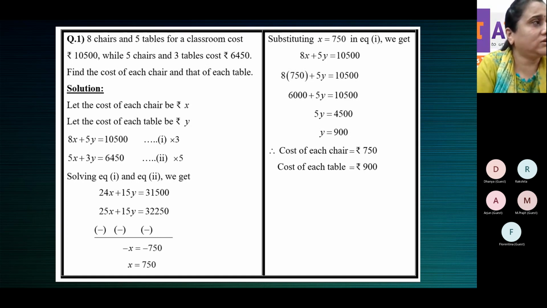What's the LCM of 5 and 3? 15. So you want to make 5y, 15y. You want to make 3y also 15y. So you should multiply by a suitable number, correct?